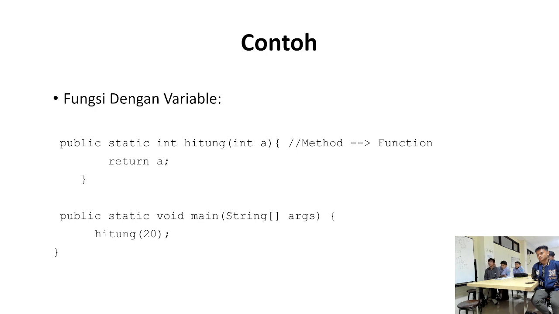Because it has a return, this method we can call a function. Then we can call the method using hitung(20). The result is nothing, because there is no System.out.println. Okay, yeah, be careful.